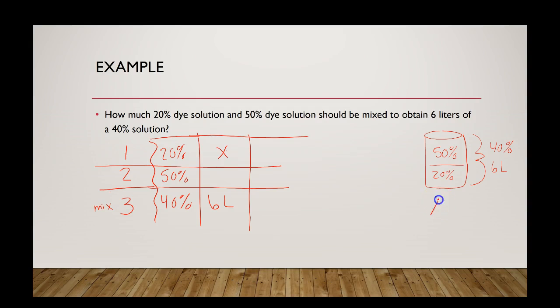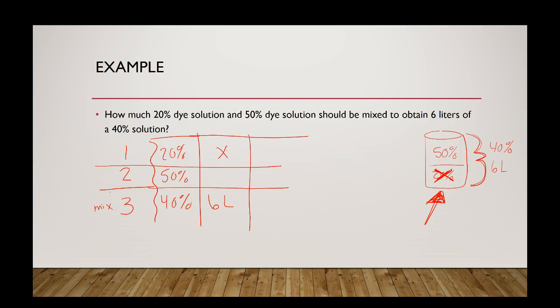Let's come back to our picture. I know this whole thing is 6 liters. I know that right here is x for our 20%. If I took that bottle and could take out the 20%, it would leave me with the 50%.